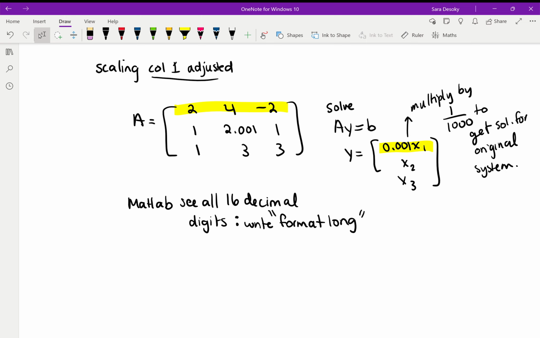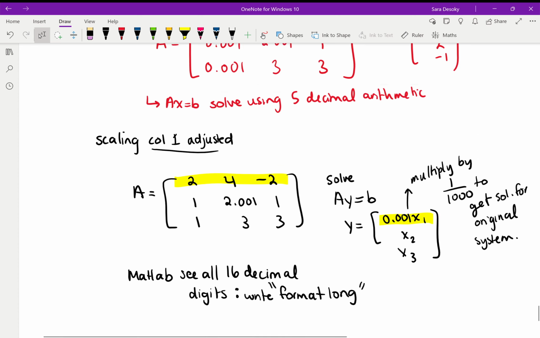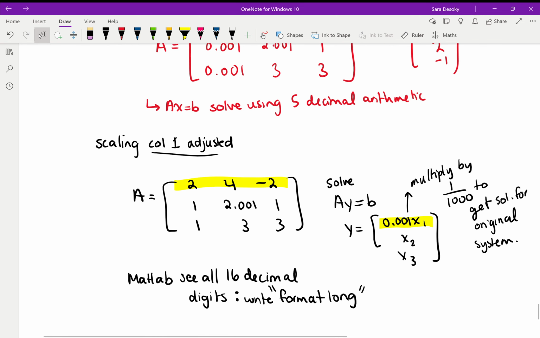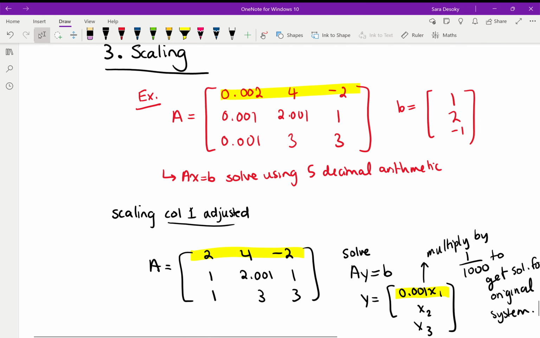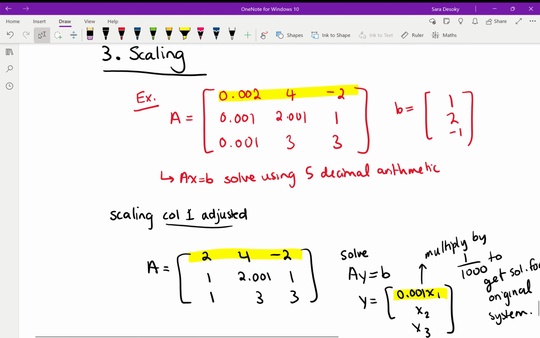This operation of scaling a column is mundane. If a column is like this, do not proceed because you'll get that potential error. There's lots of very plain examples showing data that's been collected where, for instance, I've seen an example where there's data which shows something being measured on a yearly basis, and if you use the number of the year as your X data, you get a matrix and you have to solve the system, and that has a very large condition number.